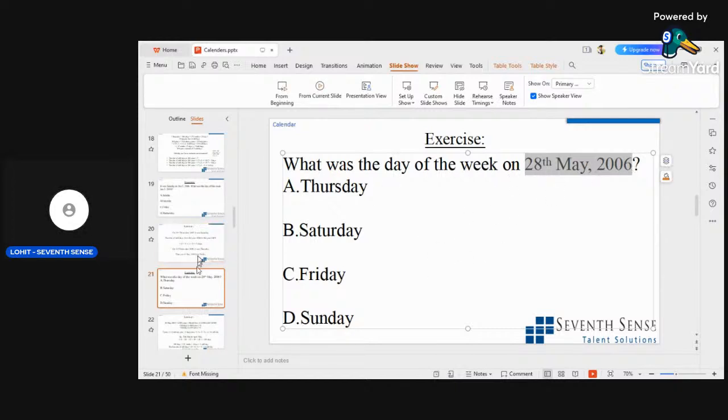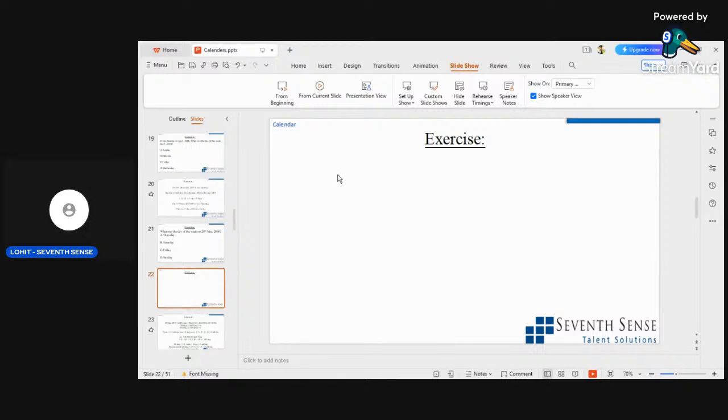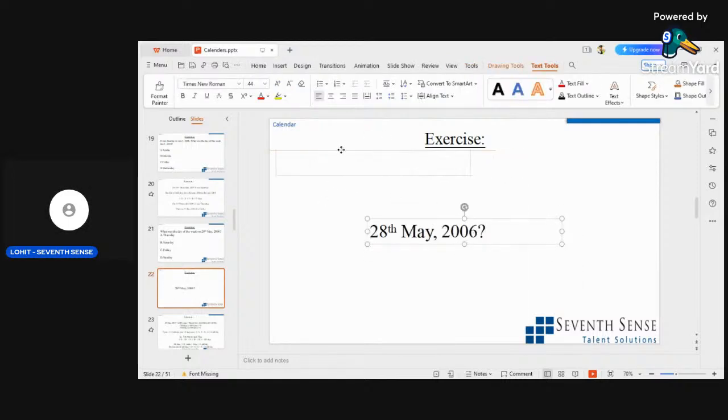Sorry, not 2026, 2006. Okay, so we'll solve here. I will take the date here. I will paste it here. Okay, let's keep it here.